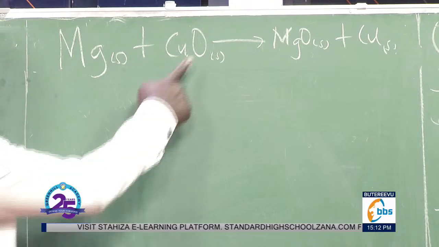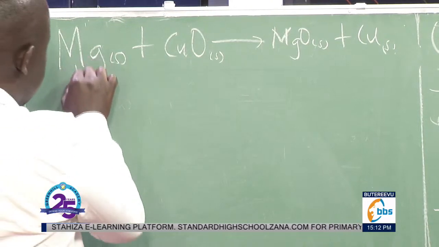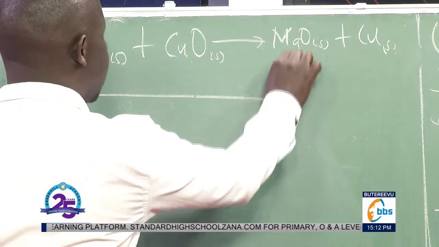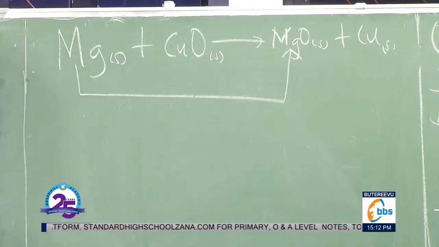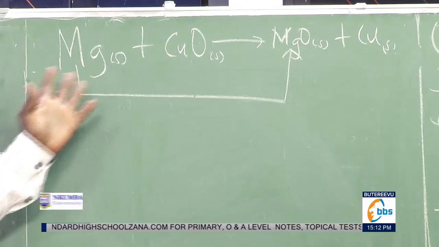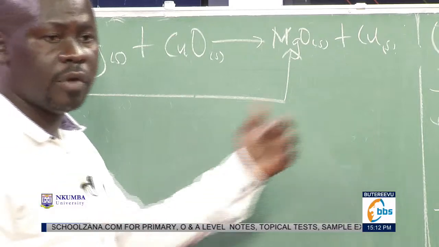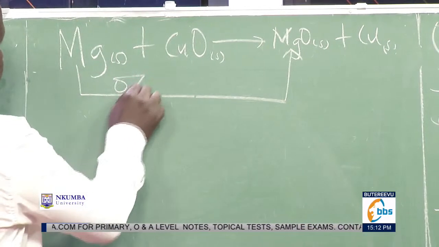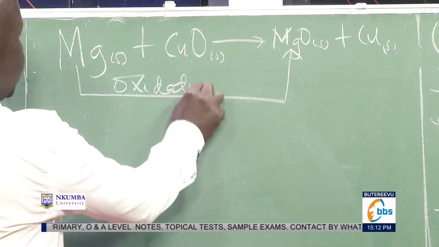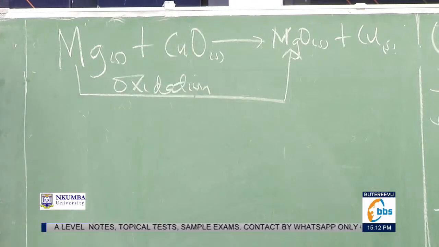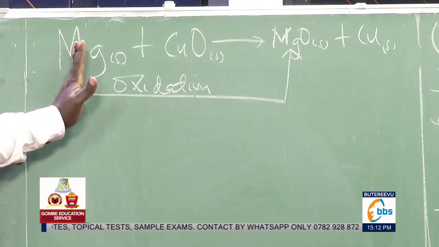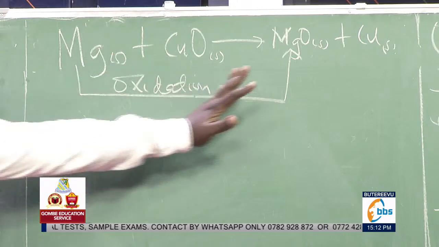So this displaces it from its oxide. In this case, magnesium becomes oxidized to magnesium oxide, because oxidation, we have said, is the addition of oxygen. We are adding oxygen to magnesium.